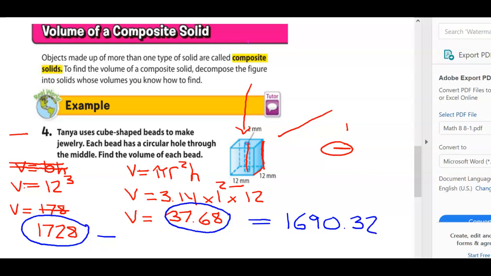And do they want me to round it? They don't want me to round it here. They just want me to find the volume of each bead. So these are millimeters. So we're going to say millimeters cubed. That looks like AM, doesn't it, you guys?